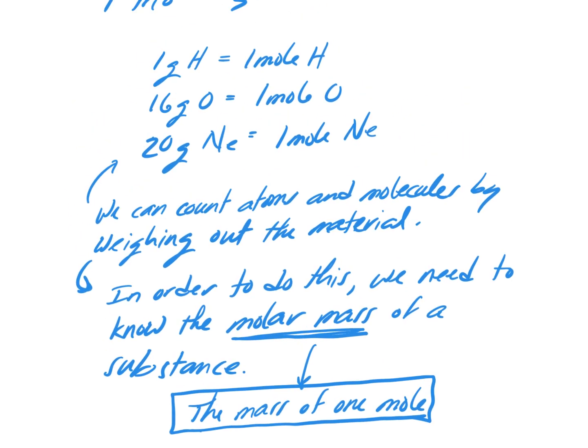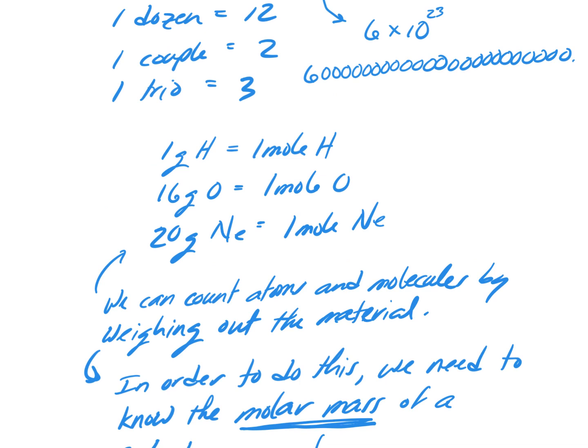The molar mass for hydrogen is 1 gram. The molar mass for oxygen is 16 grams. The molar mass for neon is 20 grams. And now I'm going to go to the periodic table and show you where you will find the molar masses for all of the elements.